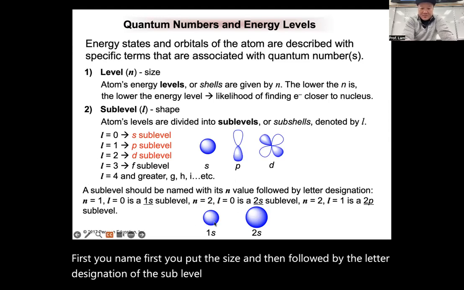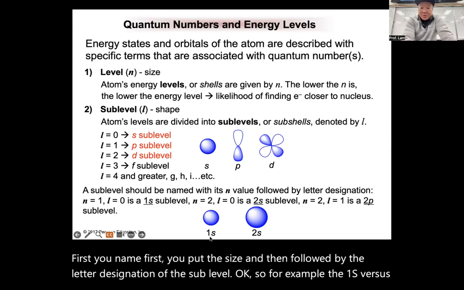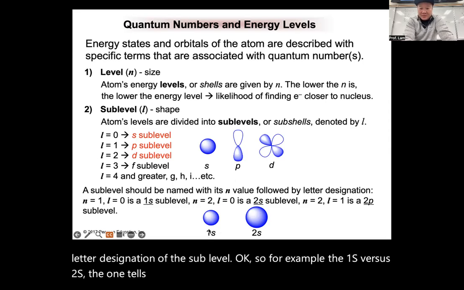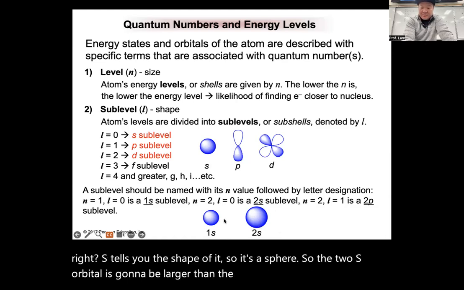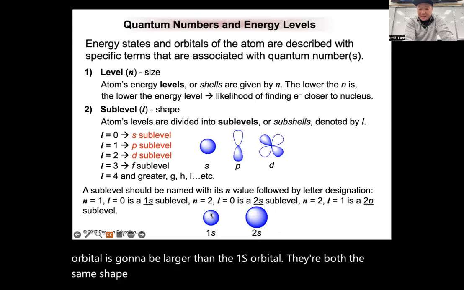For example, the 1s versus 2s. The 1 tells you that it's smaller than 2. S tells you the shape, so it's a sphere. So the 2s orbital is going to be larger than the 1s orbital. They're both the same shape, because S is spherical.